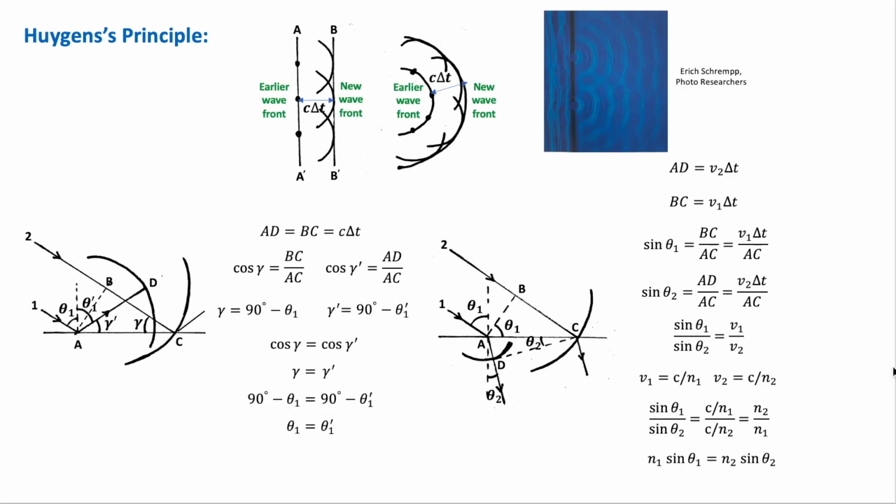So we will now discuss Huygens' principle. In 1678, Huygens proposed a geometric model that allows one to determine the position of a wavefront from an earlier wavefront. Huygens assumed that light consists of waves rather than particles, and he had no knowledge of the electromagnetic nature of light, but he proposed this geometric construction method to understand many aspects of light propagation.